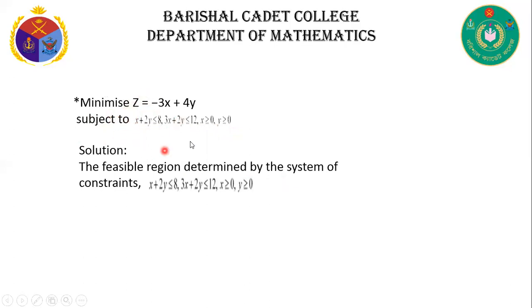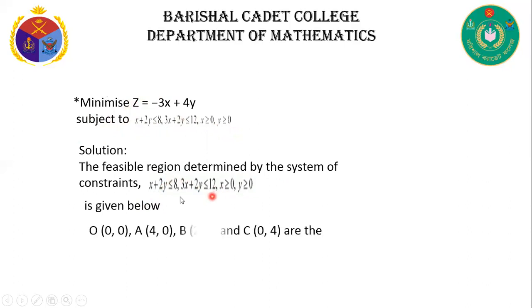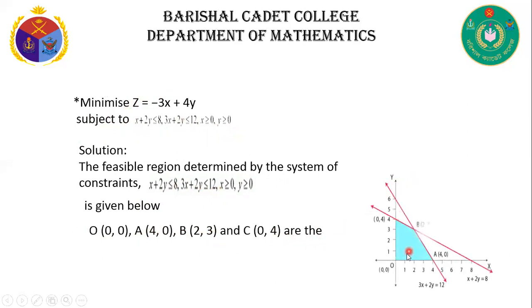In the same way, we determine the points A(4, 0), B(2, 3) and C(0, 4), along with the origin (0, 0), and put these values on the graph paper. Now putting all these four points here, let us try to find the feasible region.